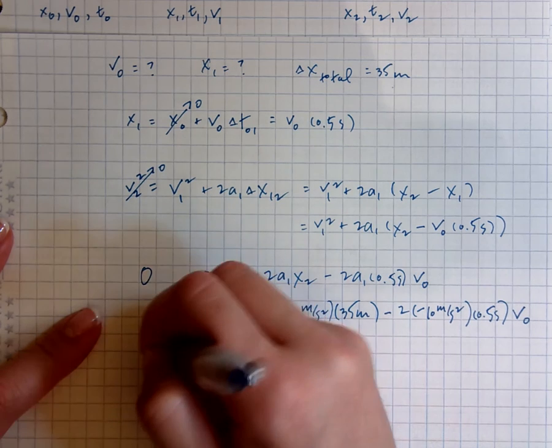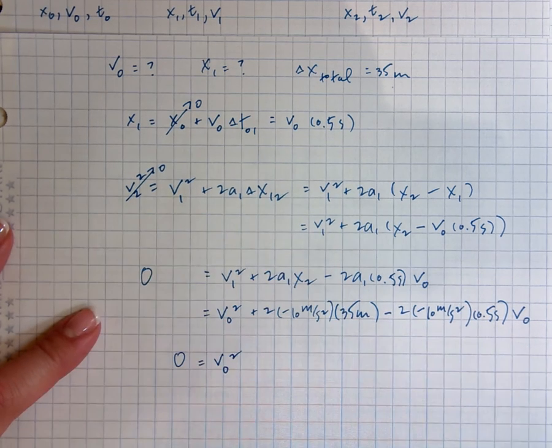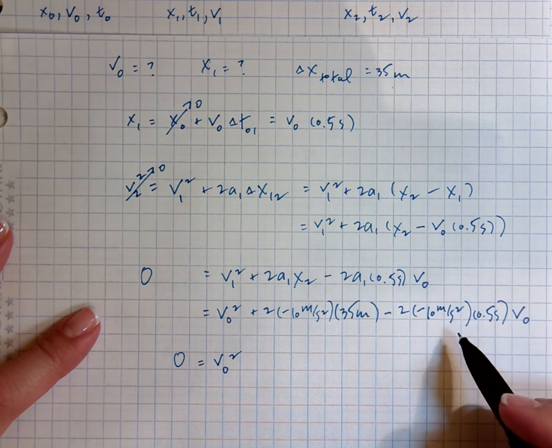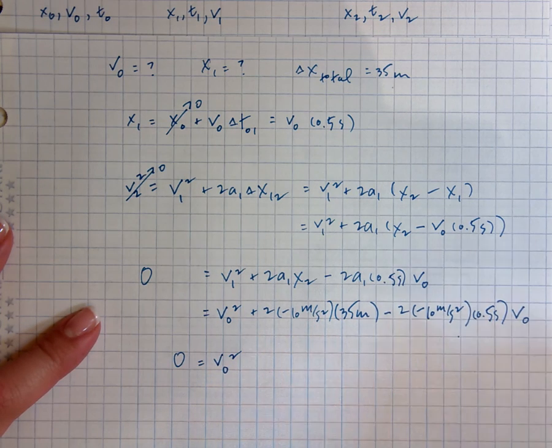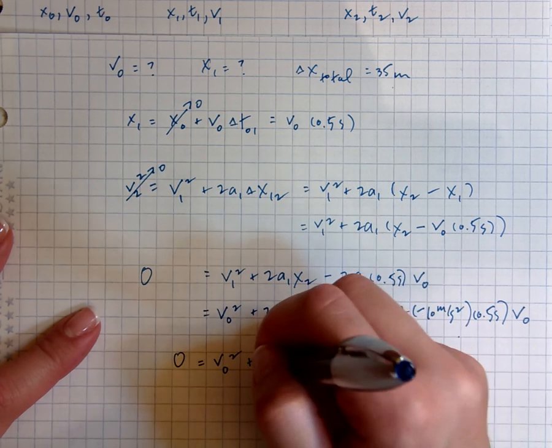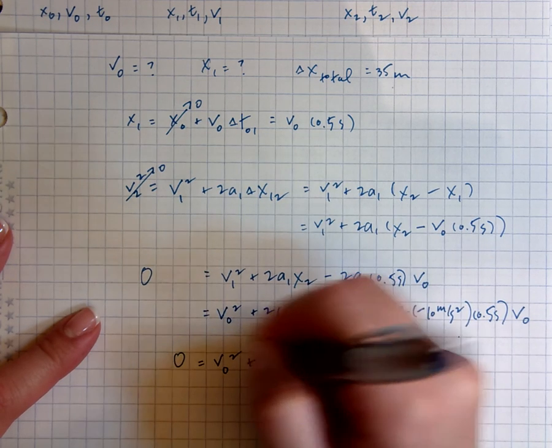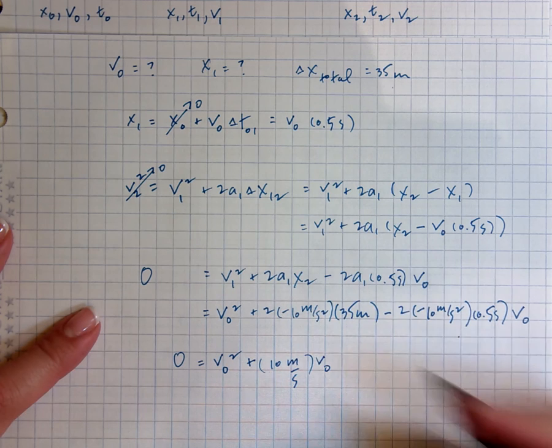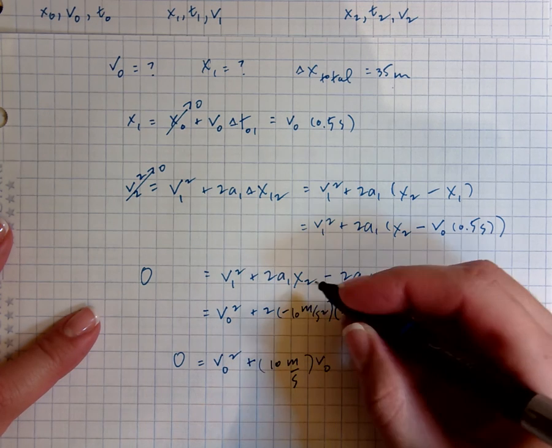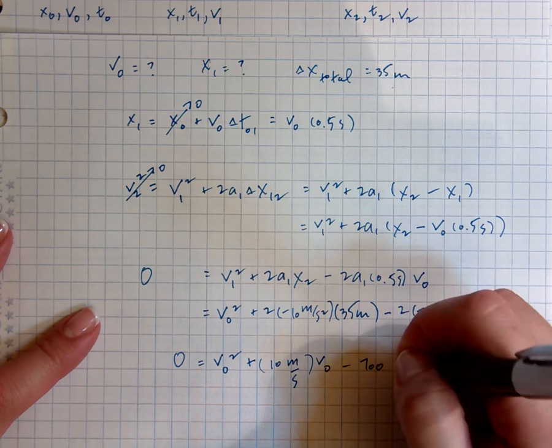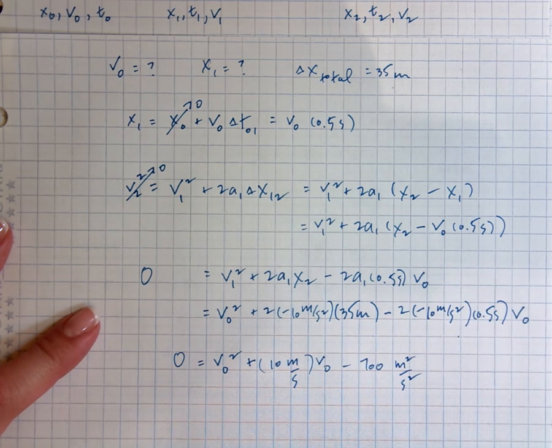We get 0 is equal to v0 squared, and I'm going to move this term over to be the second term, plus, if you simplify all of this, you're going to get 10 meters per second times v0, and then move this constant term over, and you get minus 700, and you get meters squared over seconds squared if you're paying attention to the units.